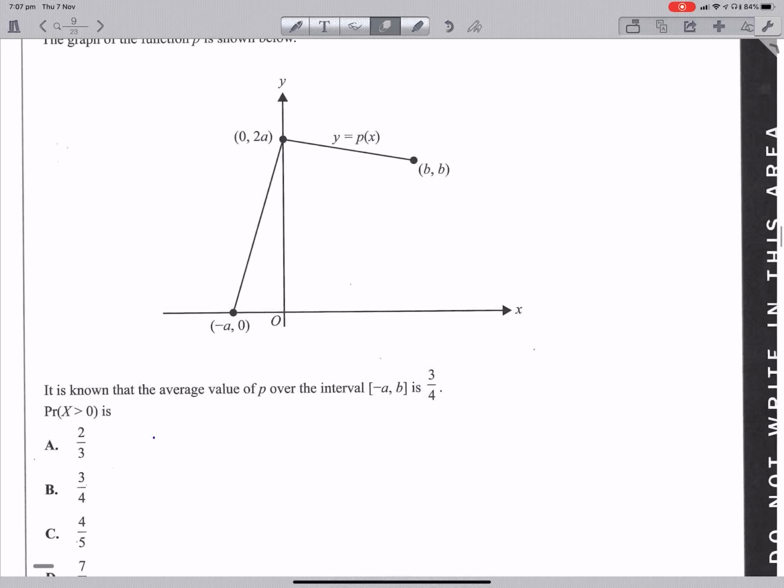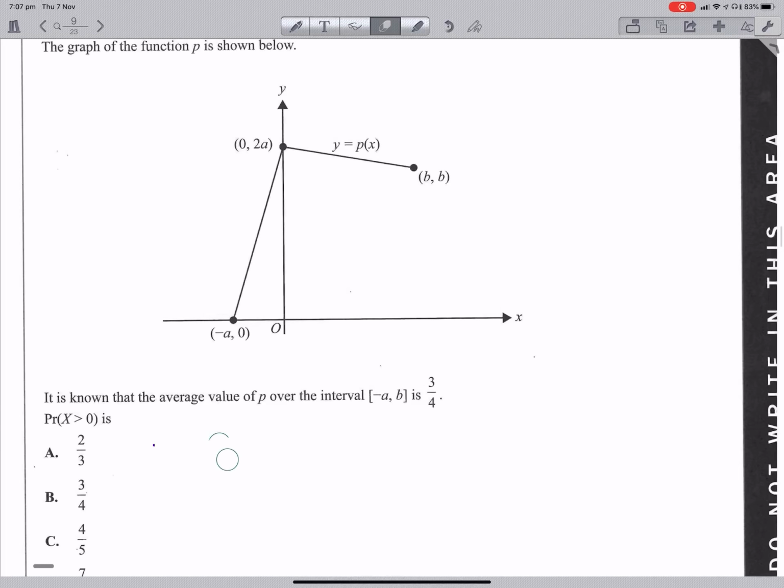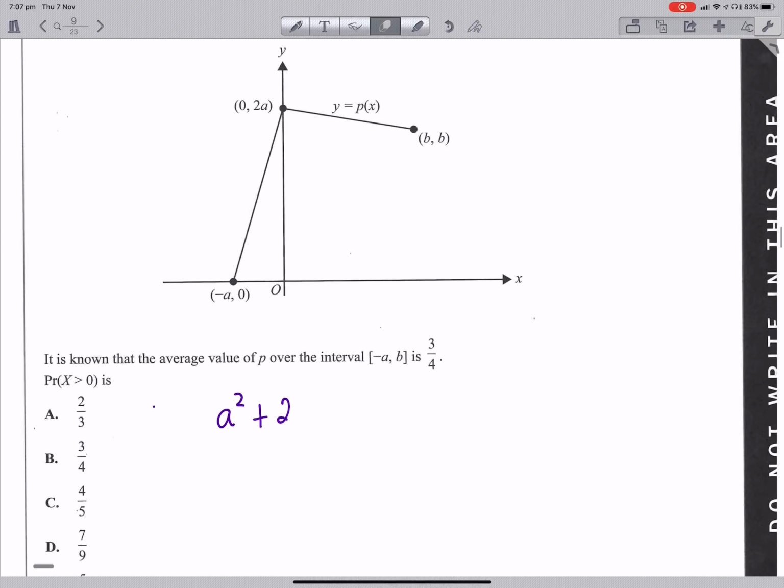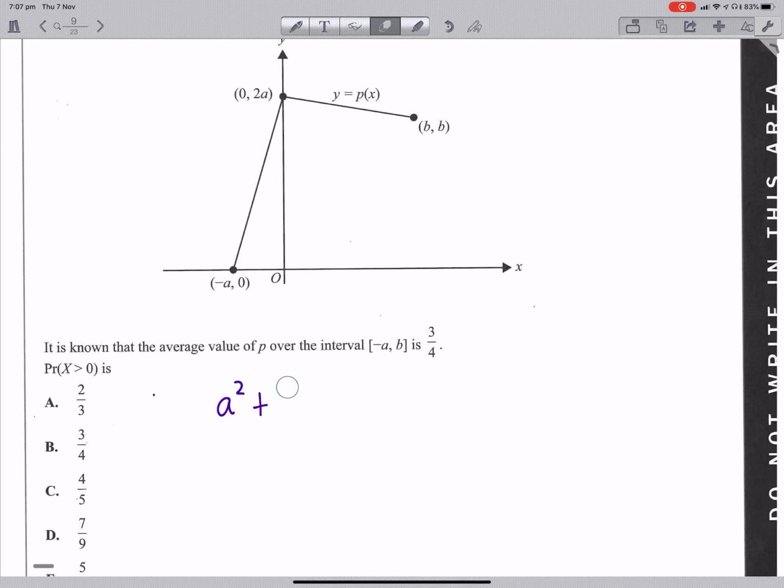So, A times 2A times a half is A squared. 2A plus B times a half. I think I forgot to multiply the B in.